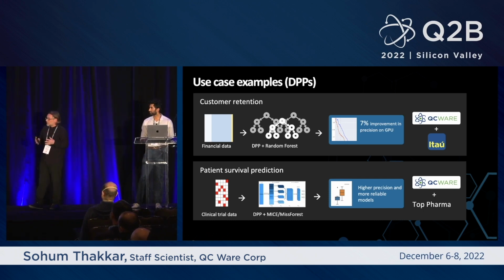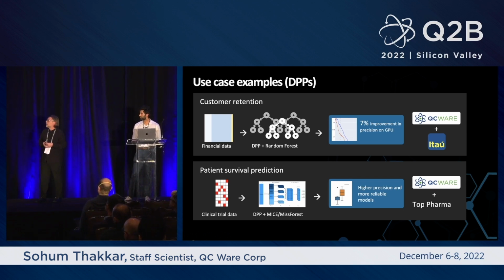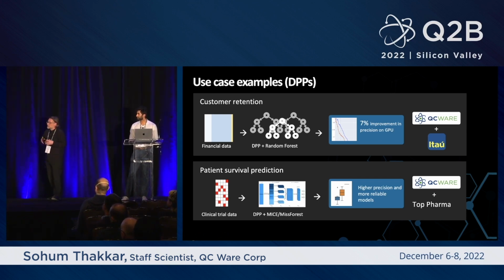Again, by using techniques that come from determinant sampling, we managed not only to increase the precision of the prediction, but more importantly, to find a way to complete this data in a way which was consistent and reproducible. And this was actually the main goal of the project, in order to be able to use this in practice and through regulatory conditions.